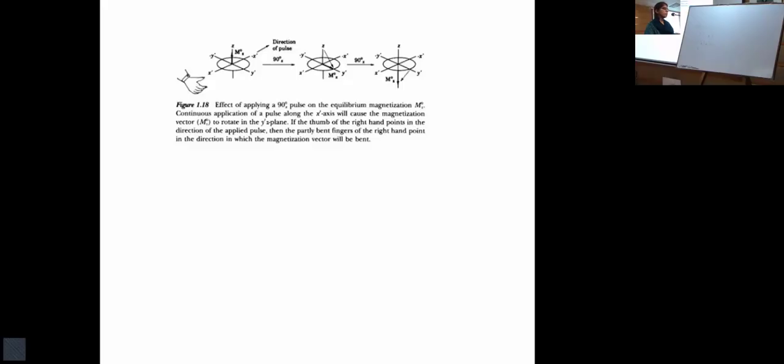So the protons will be continuously in rotation, and you will not be able to observe them in the NMR spectrum. The other option is that if the magnetization vector is at plus z or minus z, you will not be able to see it. Why? Because the detector in NMR is in the XY plane.